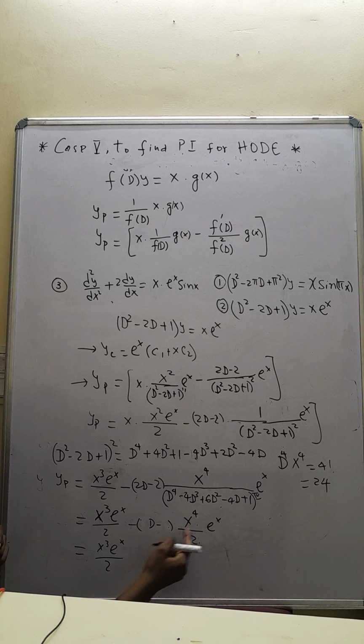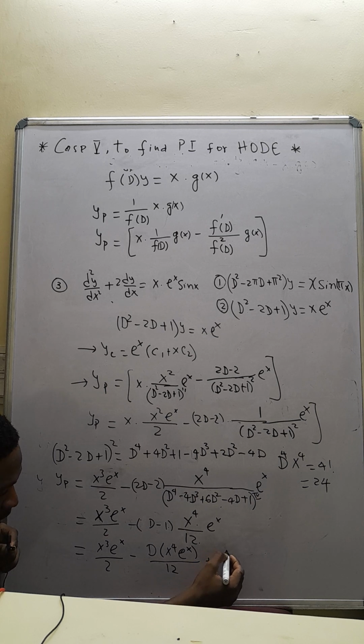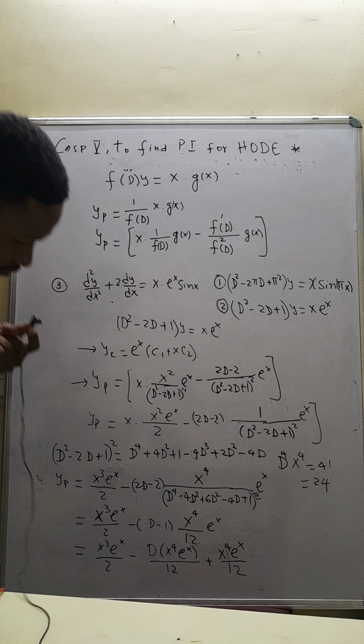Just apply this differentiation. This will be 1. So this and this will be minus differentiation of x raised to 4 Euler raised to x all upon 12, plus x raised to 4 Euler raised to x all upon 12.